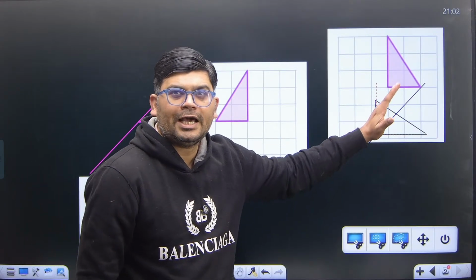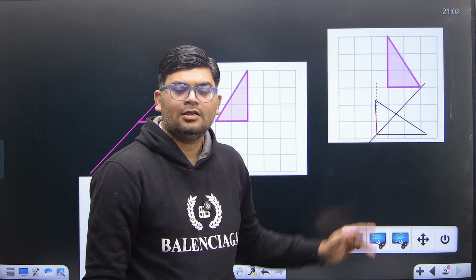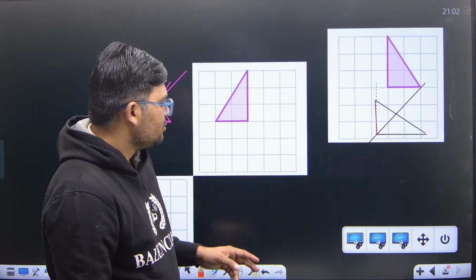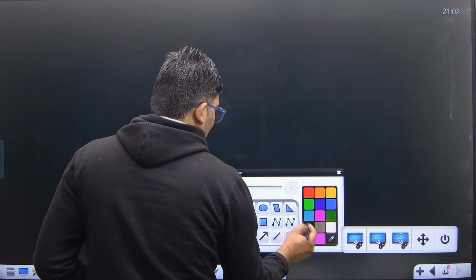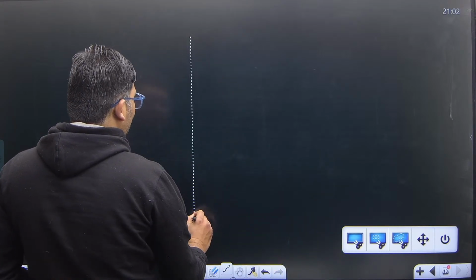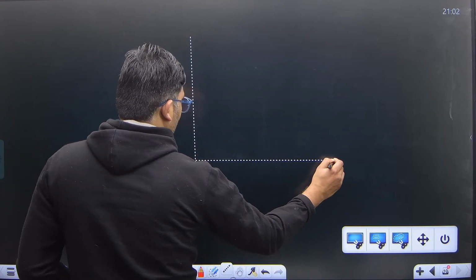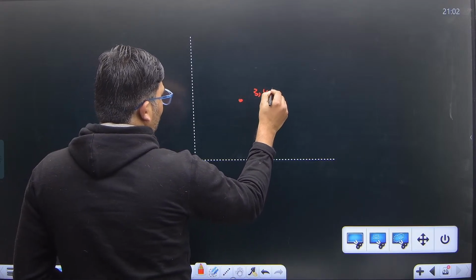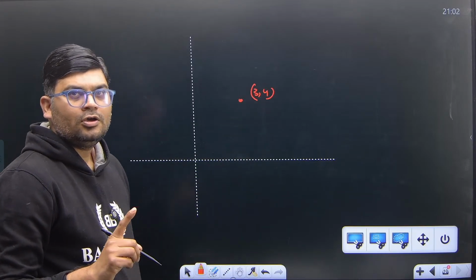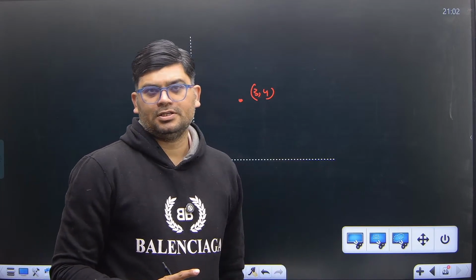So if you draw the diagonal image reflection, let me show you how diagonal works. Suppose you have a y-axis and an x-axis. If I ask you what is the mirror image of this point (3, 4), there are 3 kinds of mirror images.